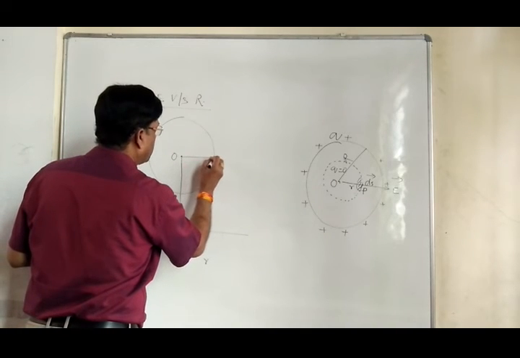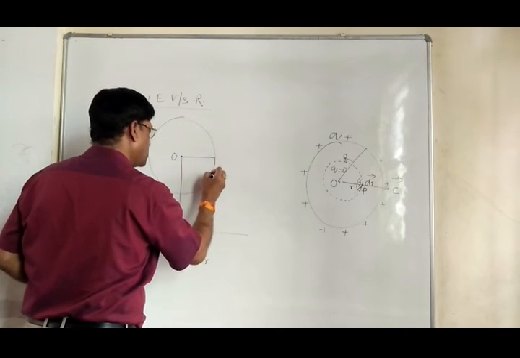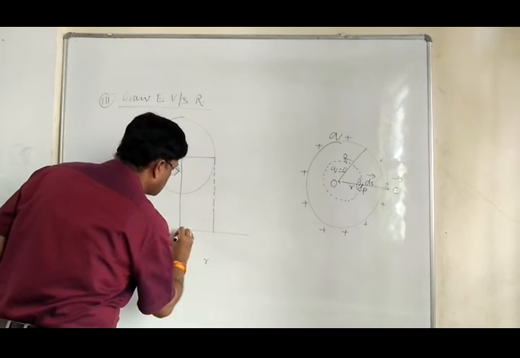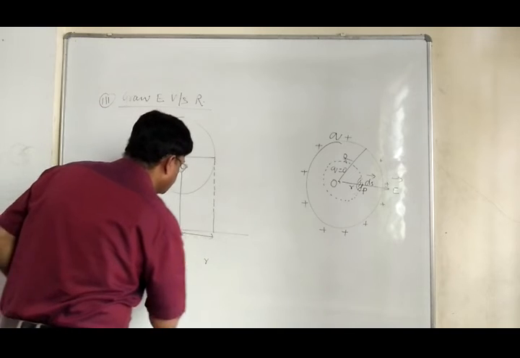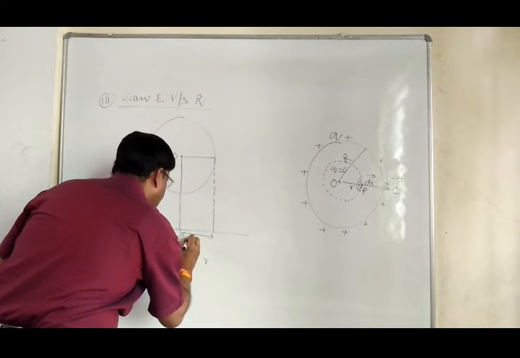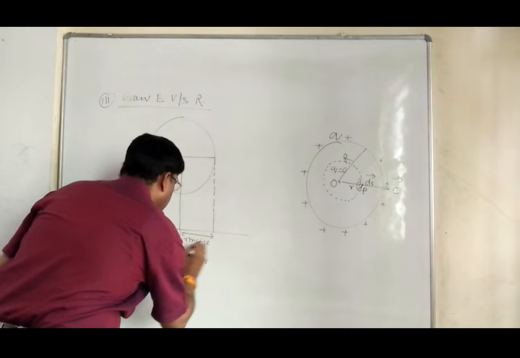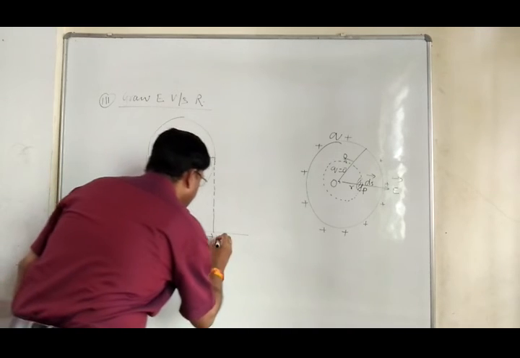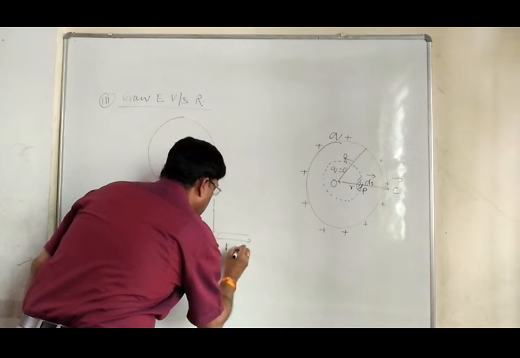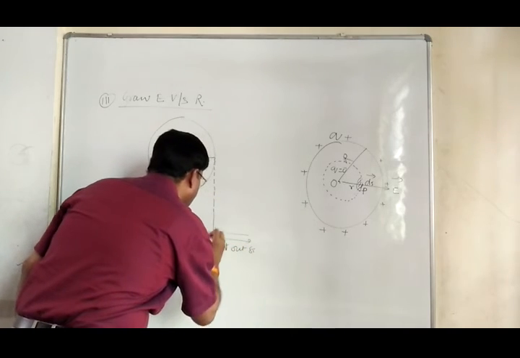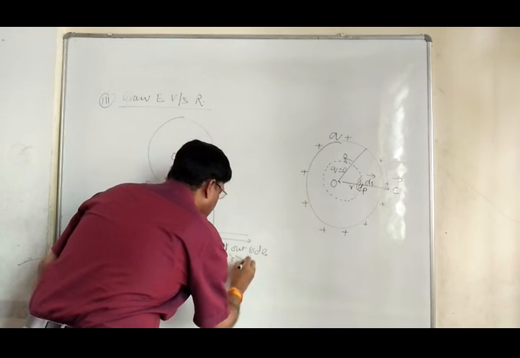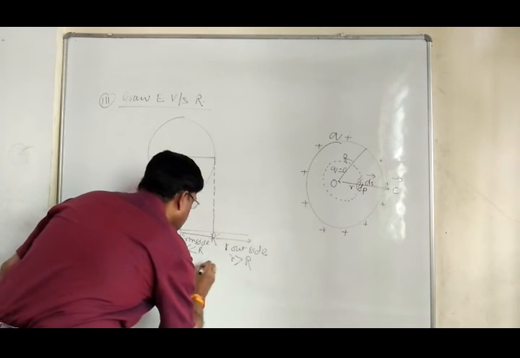Then up to here, below this distance is r inside. r inside means r less than big R. Here, r outside. Big R is there. Outside means r is larger than R. This is the distance.